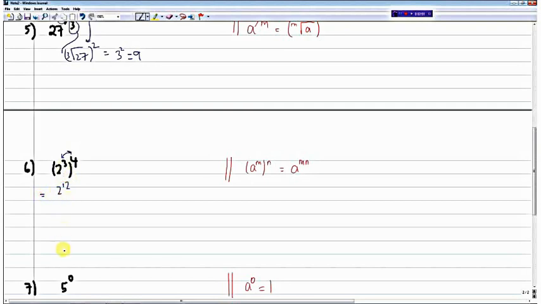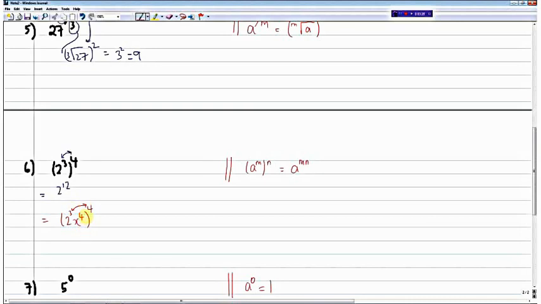Okay, a point that I would like to make, which is a common mistake by students, is the following. If we had an example, say 2 to the power of 3 multiplied by x to the power of 4, and this whole thing is raised to the power of 4, what you have to do in this case is you have to multiply each power term by this outside bracket power.